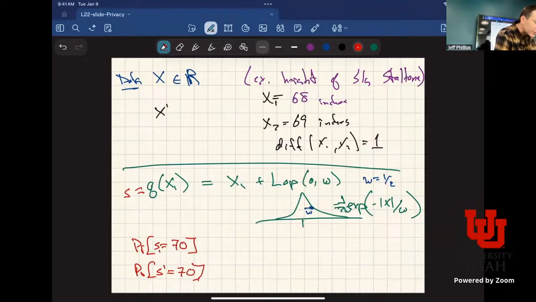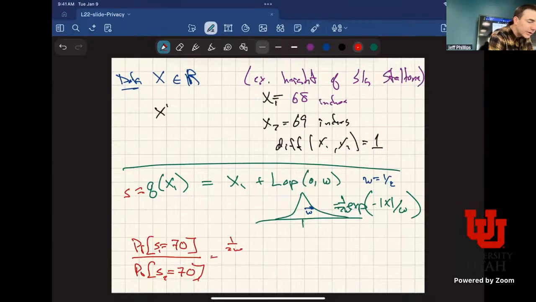Let's say this is S1 and S2. Now the 70 came from either 68 plus Laplacian noise or 69 inches plus Laplacian noise. It was reported the value was 70. Let's look at the ratio over these two.